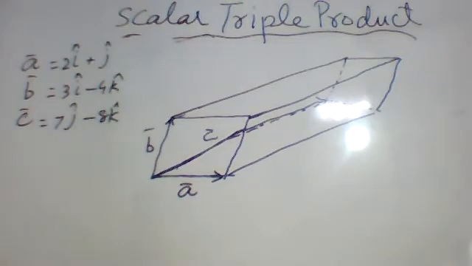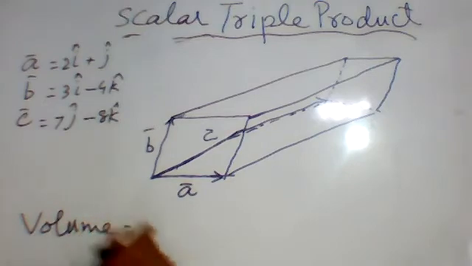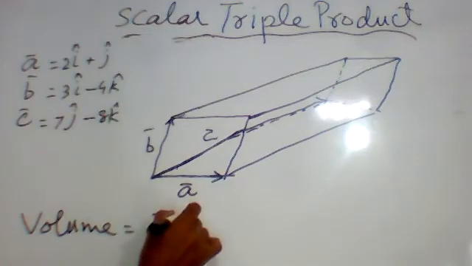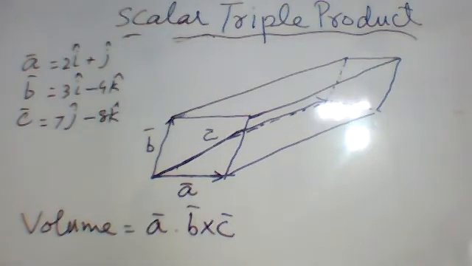So we will take the scalar triple product to find the volume. Volume will be equal to A dot B cross C. So we take the cross product of 2 vectors and dot with the 3rd vector.